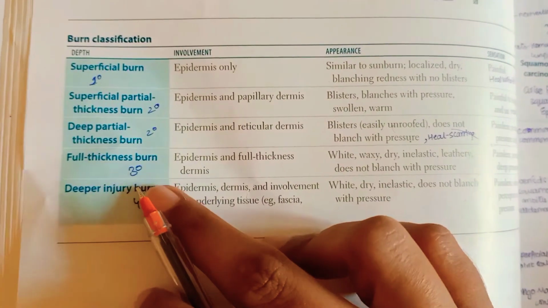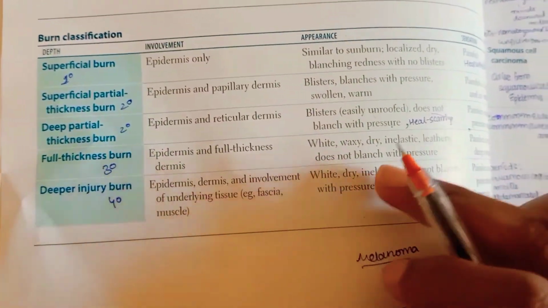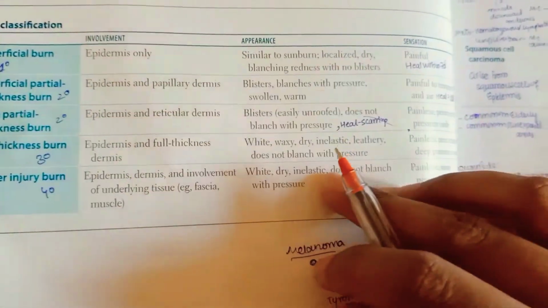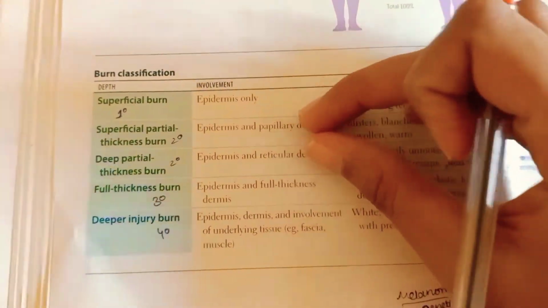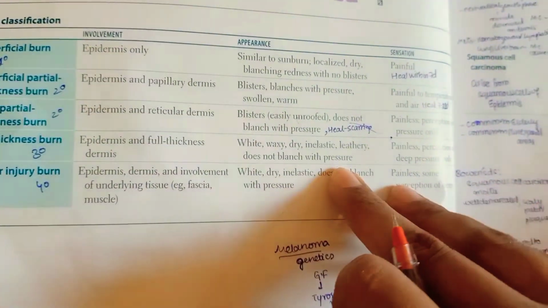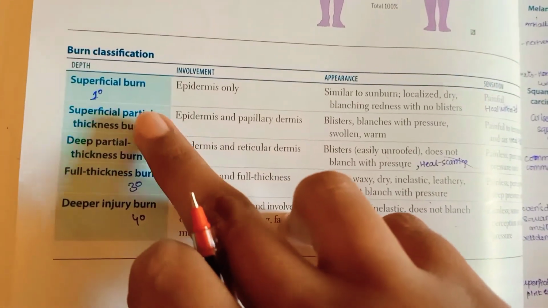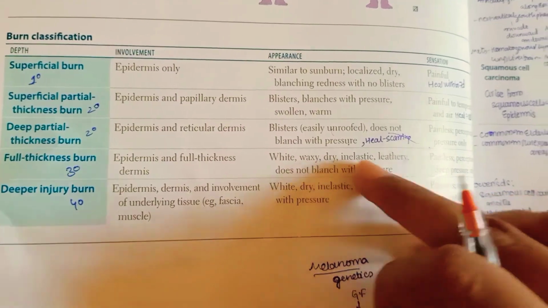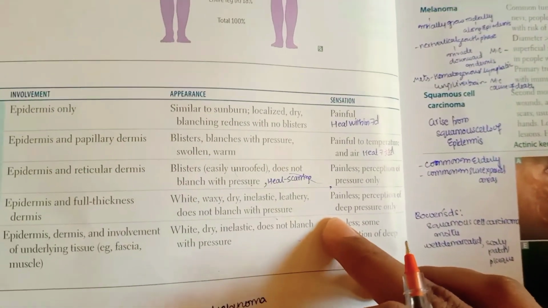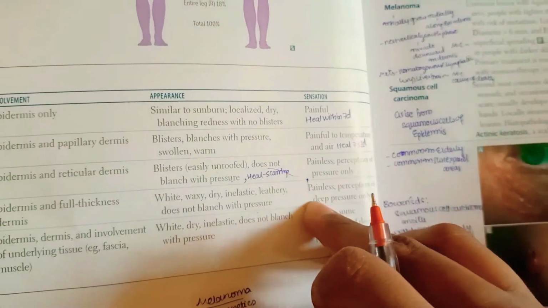Next, full thickness is a tertiary burn. Epidermis and full thickness of dermis are involved; it is white, waxy, dry, inelastic, leathery, and does not blanch. Very important: only primary and secondary burns blanch with pressure, and in secondary, only the superficial ones. From secondary deep onwards, no blanching with pressure, okay? And here it's painless. As the burn goes deeper, there will be no pain.